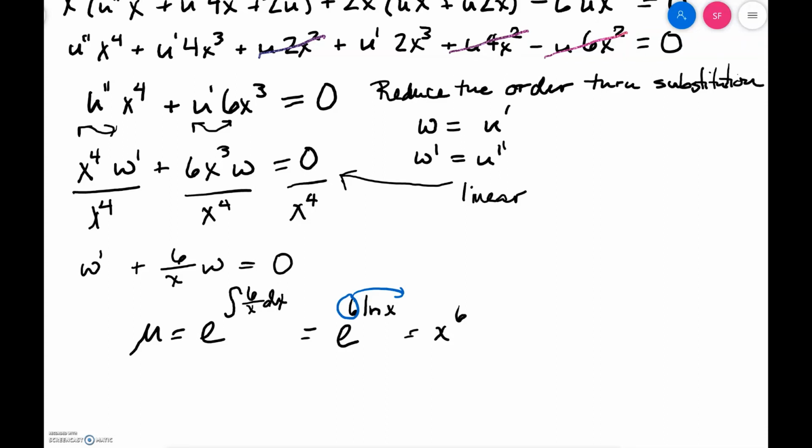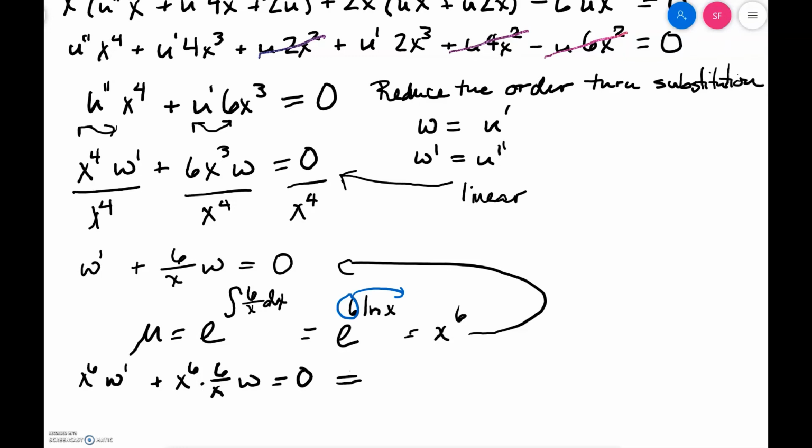I go and I multiply that there. So now I have x to the 6th w prime plus x to the 6th times 6 over x w equals 0, where this one becomes x to the 6th w prime plus 6x to the 5th w equals 0.